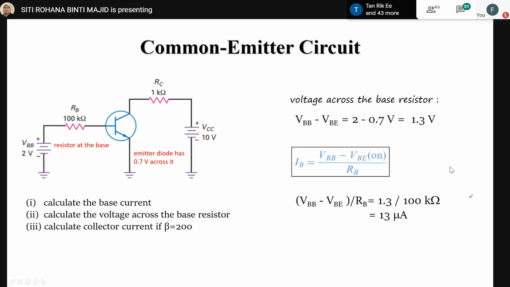Actually, it's a very simple calculation for BJT. But you have to be familiar with how to play with the formula, to get familiarized with the formula, you know the ins and outs of the equation.